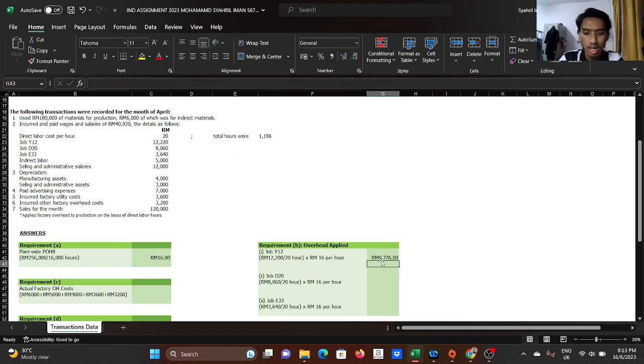And we will get 9,776. For job D20, we take the total amount, which is 80,860, and divide by 20 hours and times RM16 per hour.